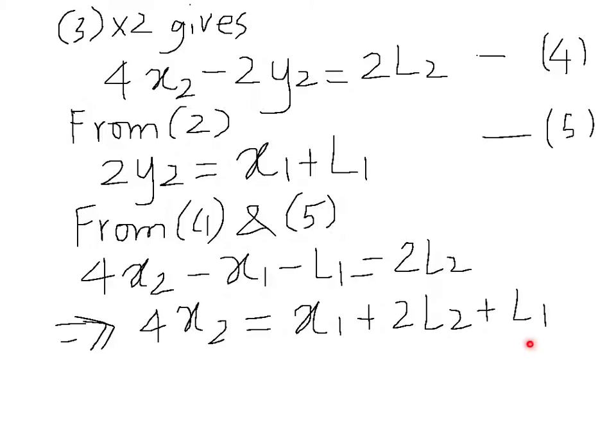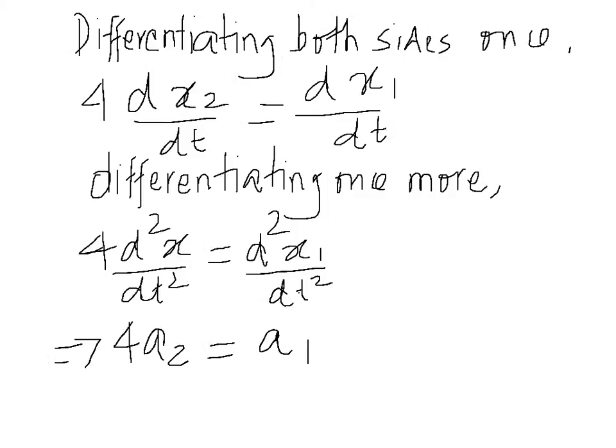Now I differentiate both sides. Differentiating the first time, I get this because the differential of the constants cancels out. So 4 dx2 by dt equals dx1 by dt. Differentiating a second time, 4 d squared x2 by dt squared should equal d squared x1 by dt squared.